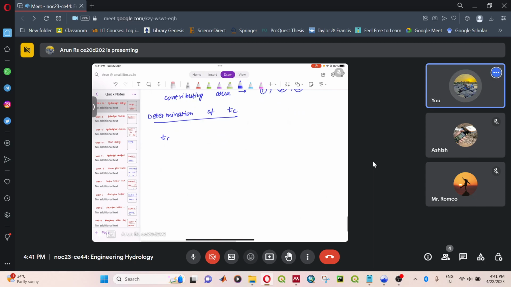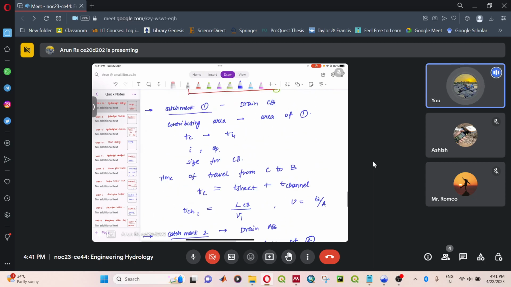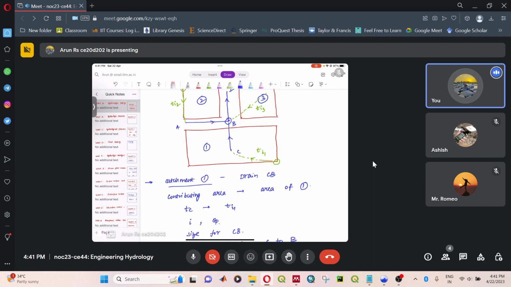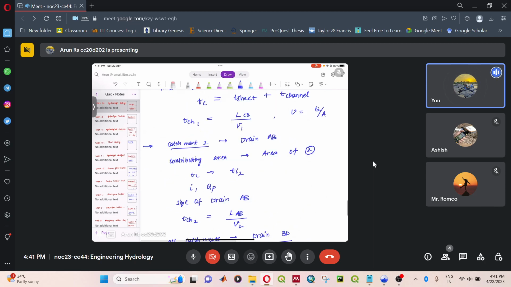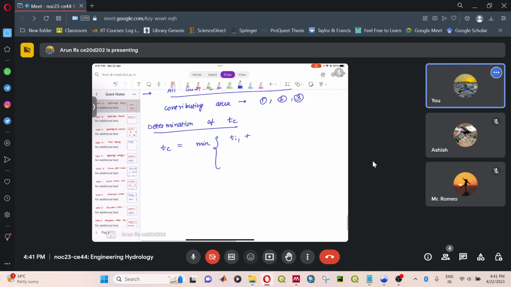So here Tc can be the minimum of Ti1, that is from the remotest point to the point C, and the water has to travel from point C to B. That is the channel flow time, that is Tch1.